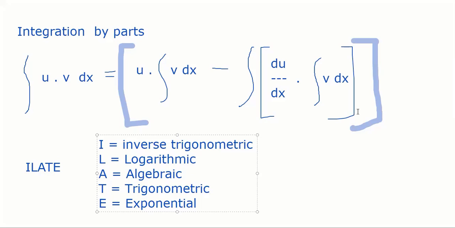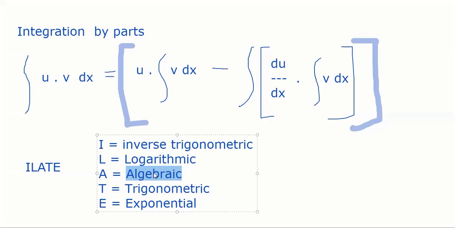With x log x, we know that x is the algebraic function and log x is the logarithmic function. No, guys. Log is coming before algebraic. So you will take log x as the first function, right? Log x first, x as the second.